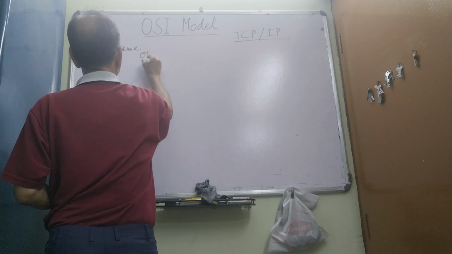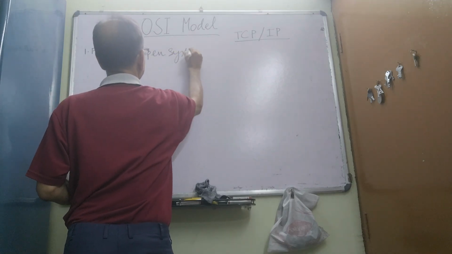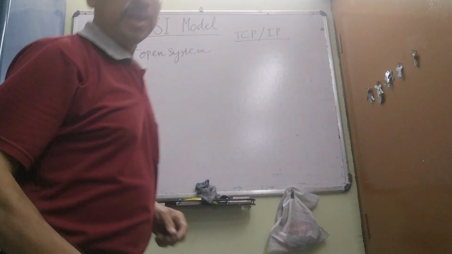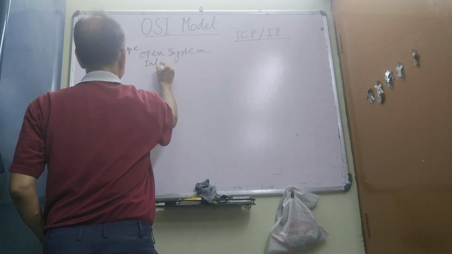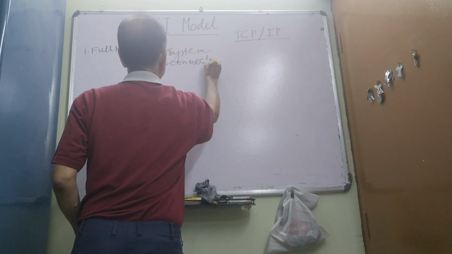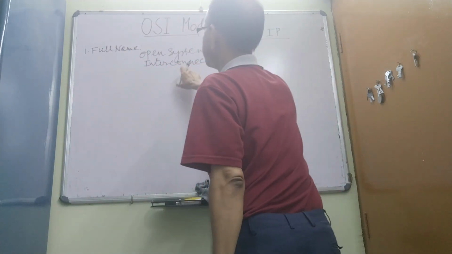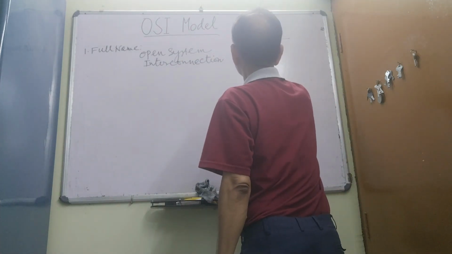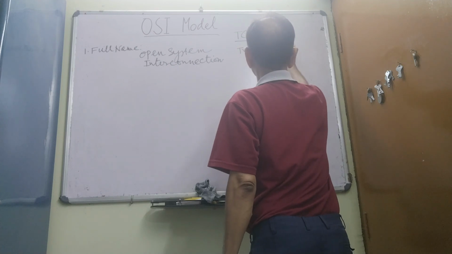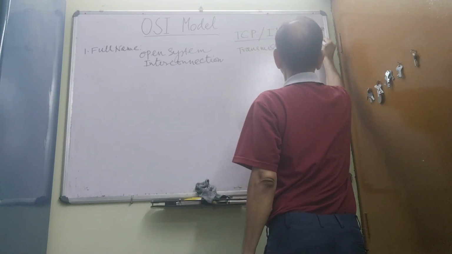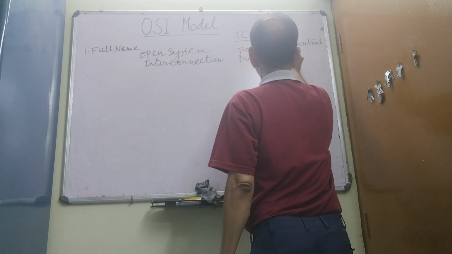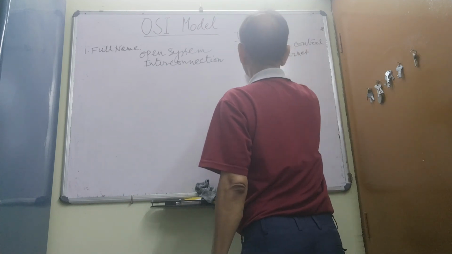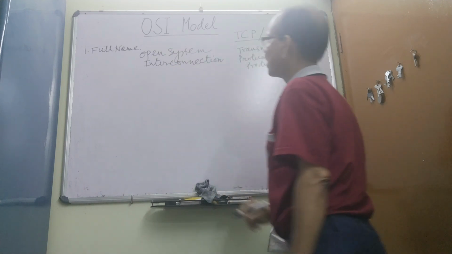OSI is Open System Interconnection, and TCP/IP is Transmission Control Protocol over Internet Protocol. So this is the first difference, full name.